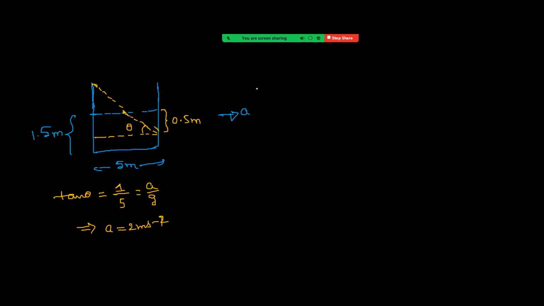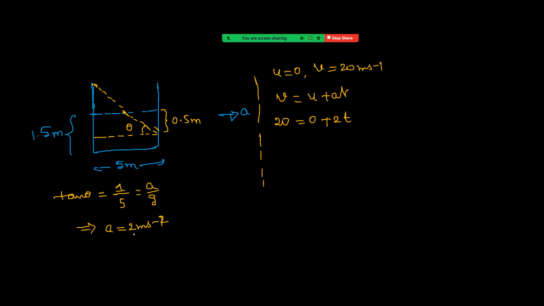Once we are getting acceleration, initial velocity is 0. Finally, we have to get 20 meter per second. Since acceleration is constant, we can write v equals u plus a t. This is 20, u value 0, a value 2, and this is t. Now, A value is maximum 2.